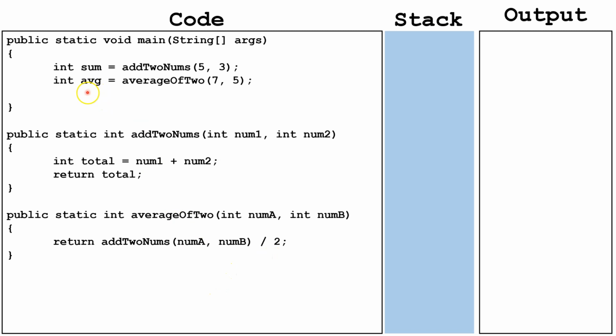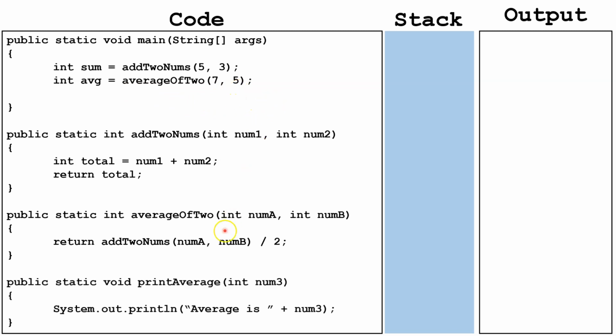Next, I'm going to create a variable in the main method, avg, and set it equal to a call of the method average of 2 with the two arguments 7 and 5. Now I'm going to write a third method. This method is a void type method, so a return statement is optional.